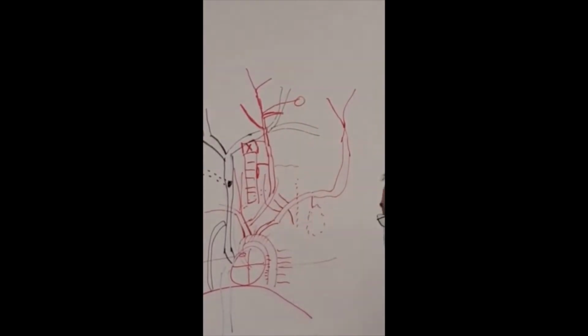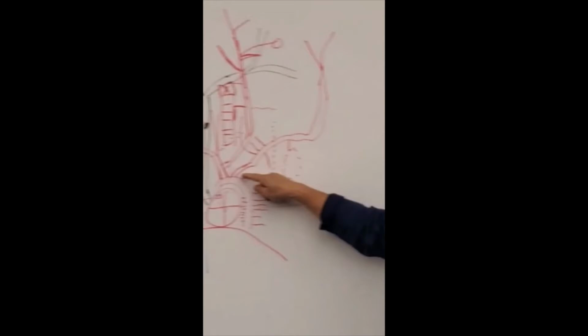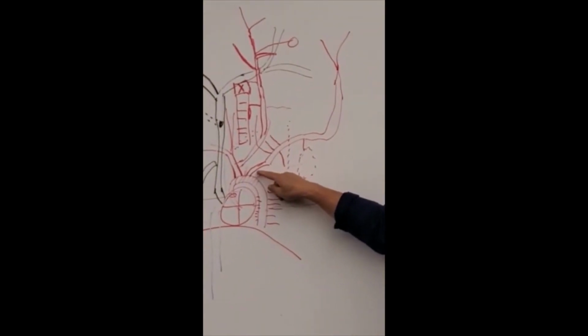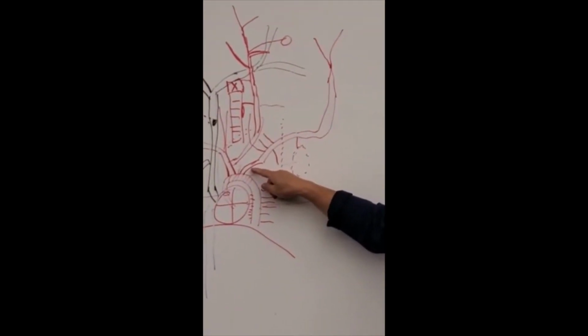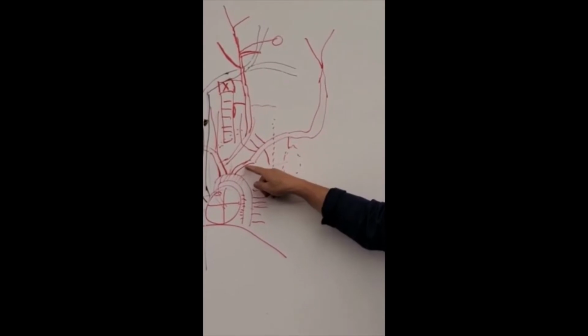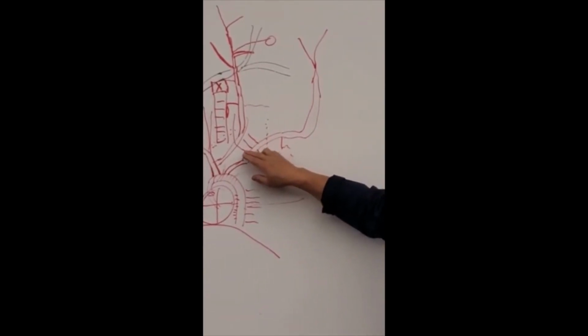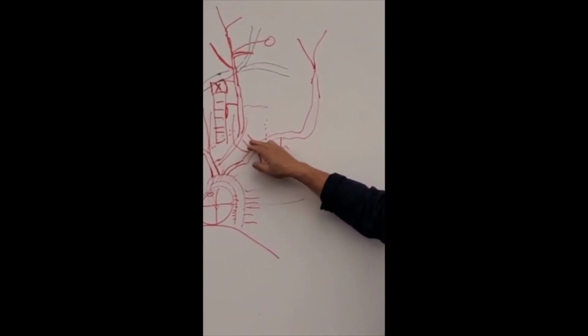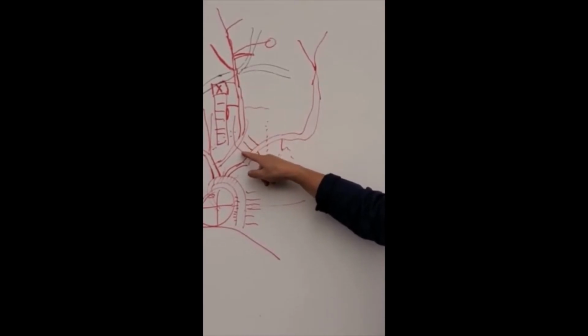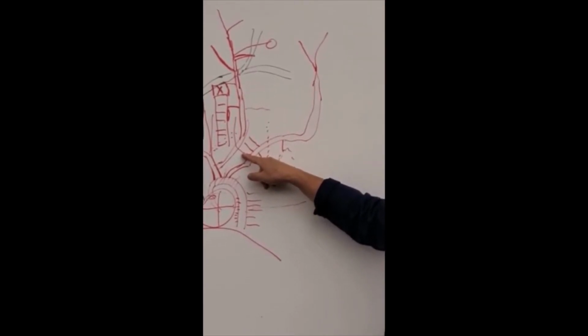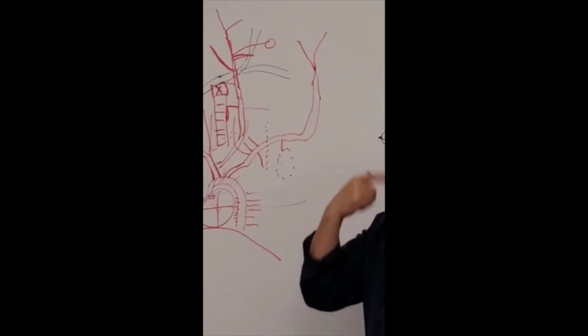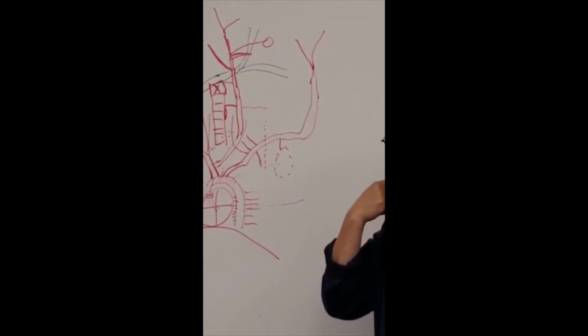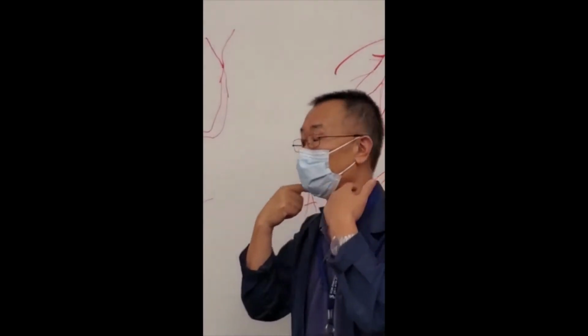Now we're following another one from here. So that's the left subclavian, right? Firstly, you pay attention to the one going up. The first one is the vertebral, because it goes to the vertebral column, through the transverse foramen of the cervical vertebra.